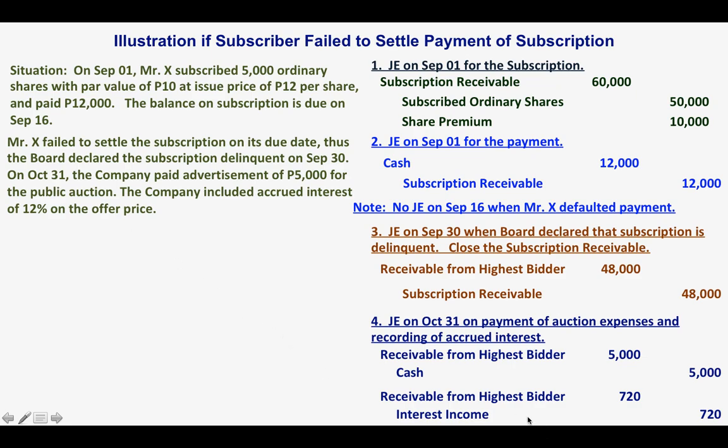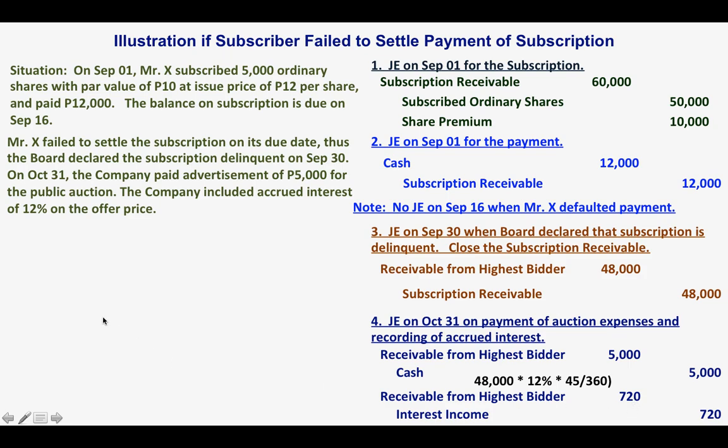This is 45 days: 30 for September minus 16 is 14 days, plus 31 days in October, that will be 45 days. Doing the calculation of interest, you will have 720 here.